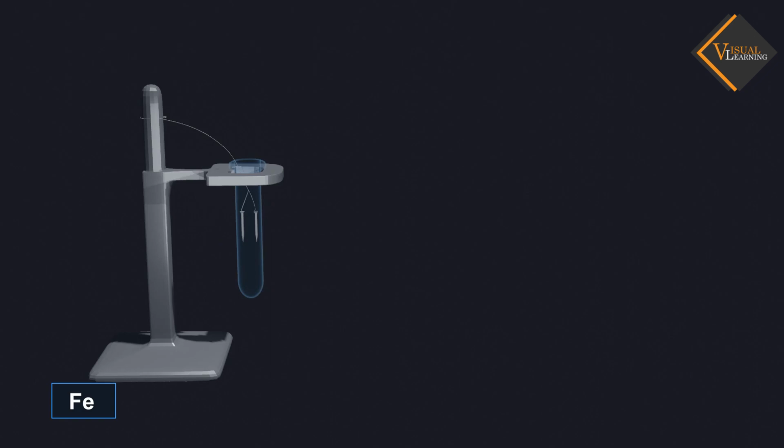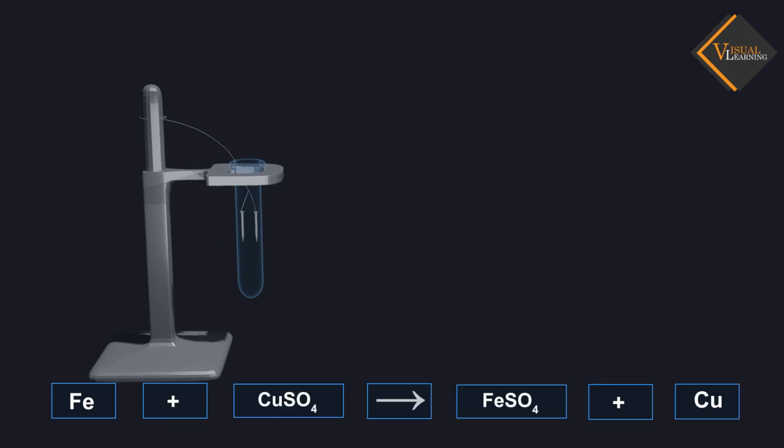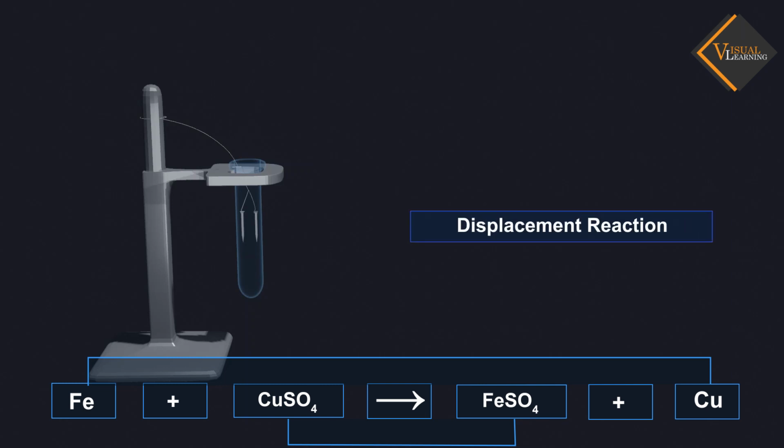The following chemical reaction takes place in this activity. In this reaction, iron has displaced or removed another element, copper, from copper sulfate solution. This reaction is known as displacement reaction.